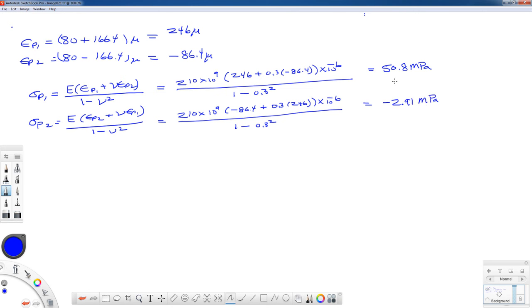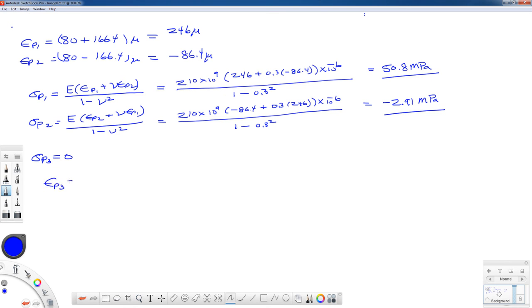Okay, so these are the principal stresses, and the reason why they're the principal stresses is I used the principal strains in order to calculate them. Now, we already talked about how sigma P3 was equal to 0. There can be a strain in the 3 direction, so we need to calculate it.